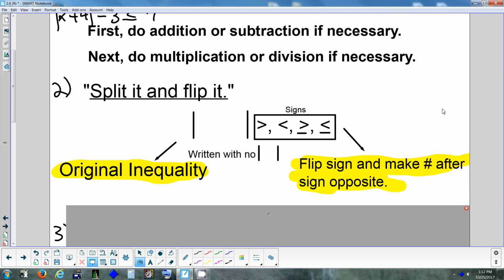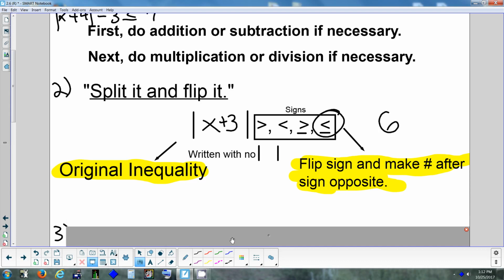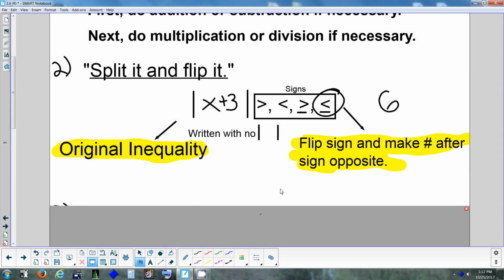So say if you guys want to, say if we had the absolute value of x plus 3, less than or equal to 6. What would my original be? Now I want to split it, right? So I split it and write my first inequality.